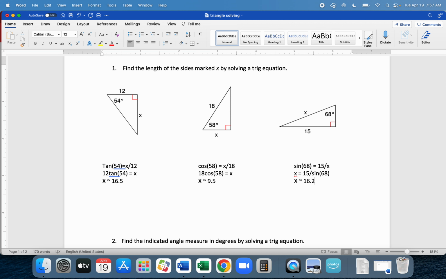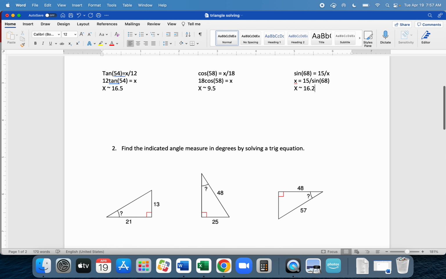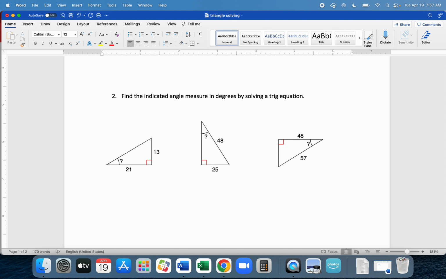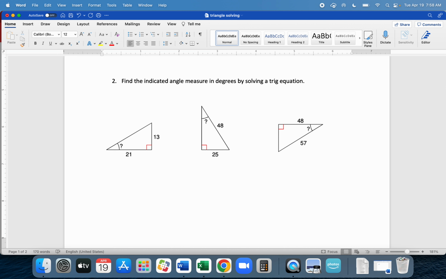Now, if you know 2 sides and don't know any angles other than the 90-degree angle, we have to solve a different way, because the unknown is going to be inside the trig function. Unknown is going to be the angle in these cases. But setting up the original equations is maybe easier when you have these, because you can see the pairs with numbers listed. It's like, oh, I'm going to look at these 2 numbers like this.